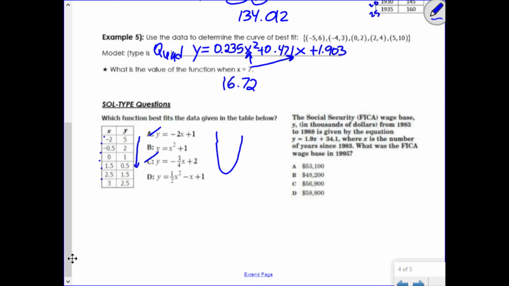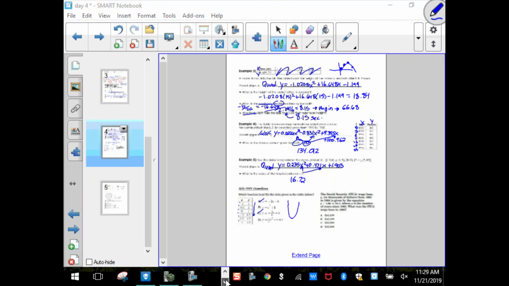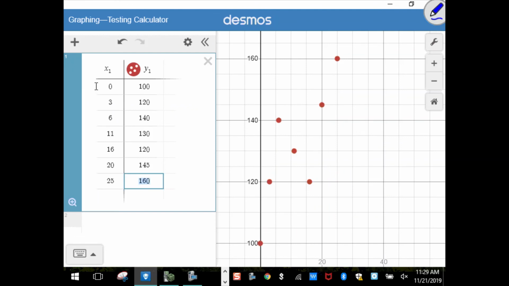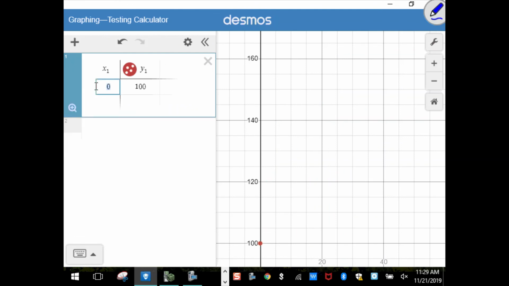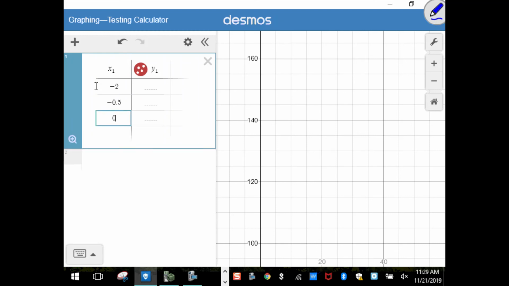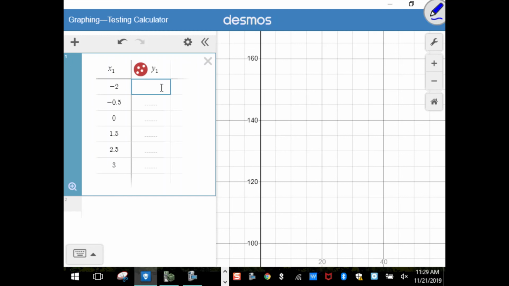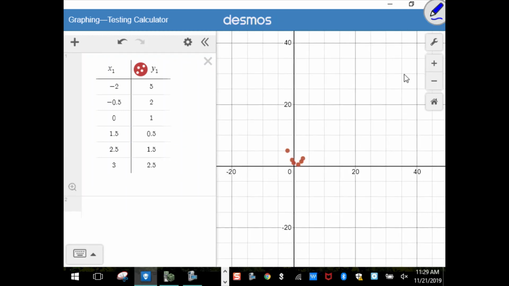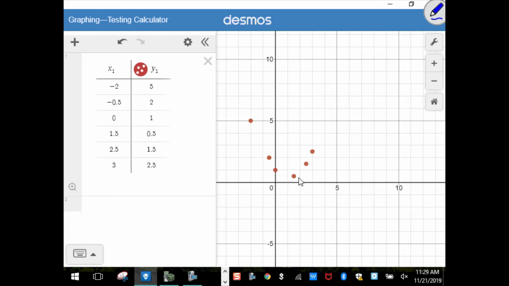You're going to go into your handheld or Desmos. Again, there's more emphasis to say it's quadratic.